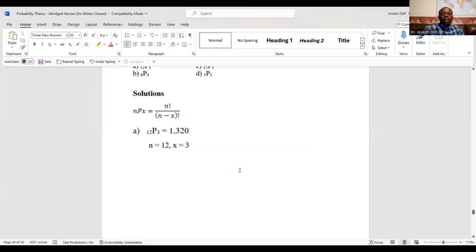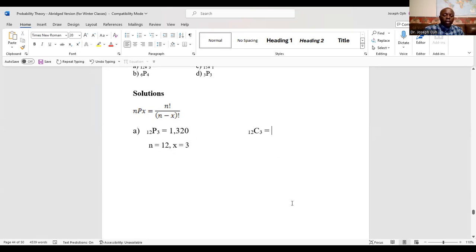Now, if we want to compare this to combination, we have 12 combination 3, for example. This one is different because it's combination, so the answer will be different because they have different rules.